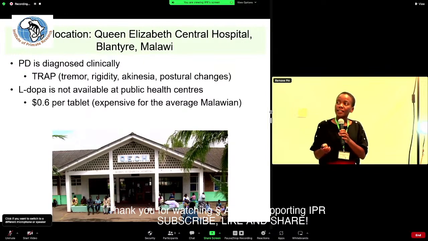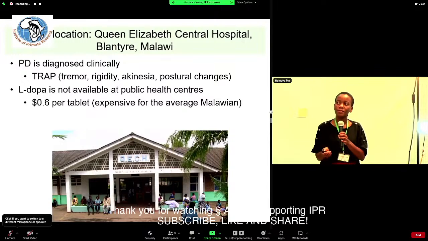At the neurology clinic, Parkinson's disease is diagnosed clinically using the TRAPS, or presence of tremor, rigidity, akinesia, and postural changes. For the treatment, levodopa is the prescribed treatment, but it is not available at the public health center.